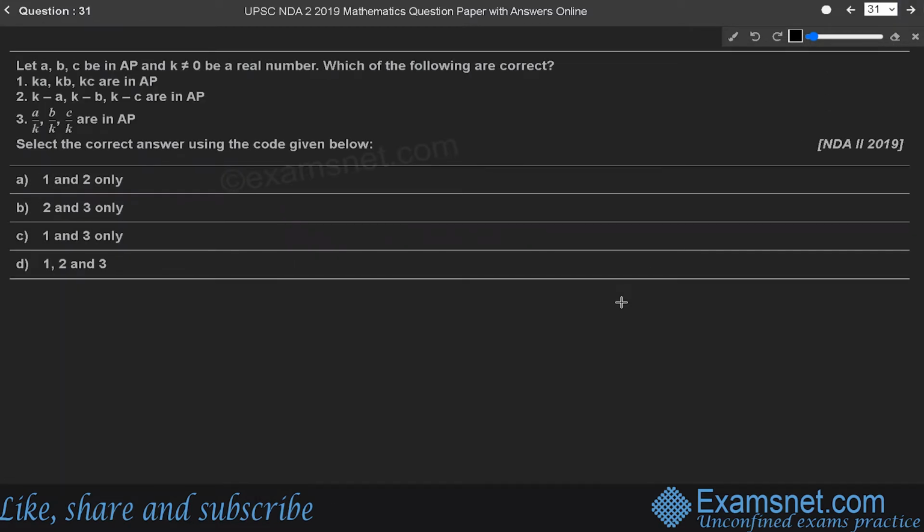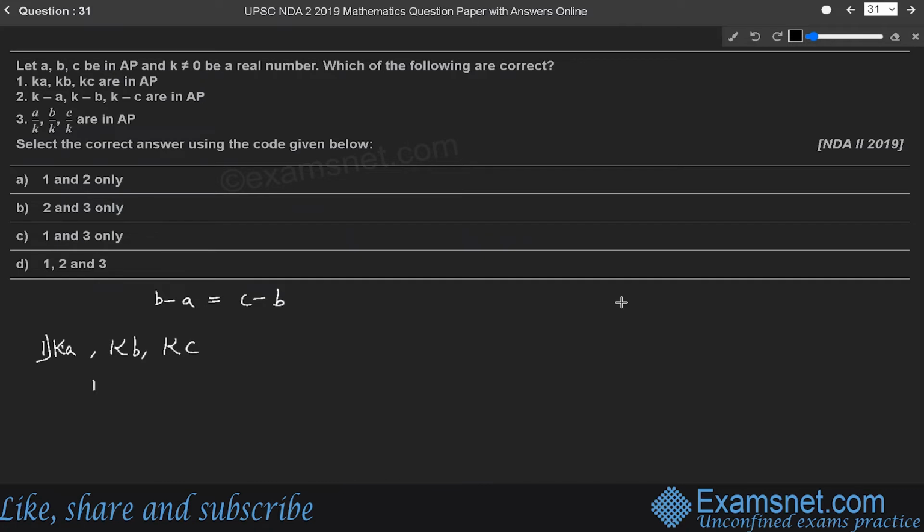Next question is, let A, B and C be in AP and k is not equal to 0 be a real number, then which one of the following are correct? It is given that A, B, C are in AP. So we can say that B minus A is equal to C minus B. Now the first part is kA, kB, kC are in AP.